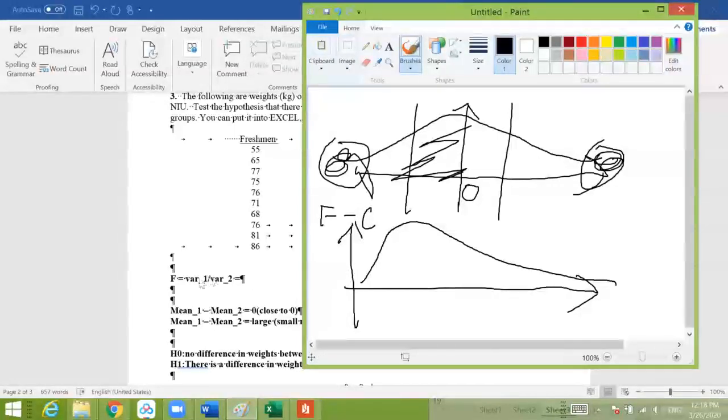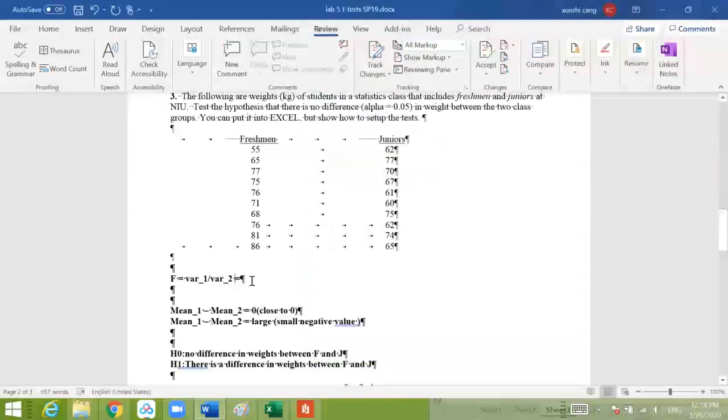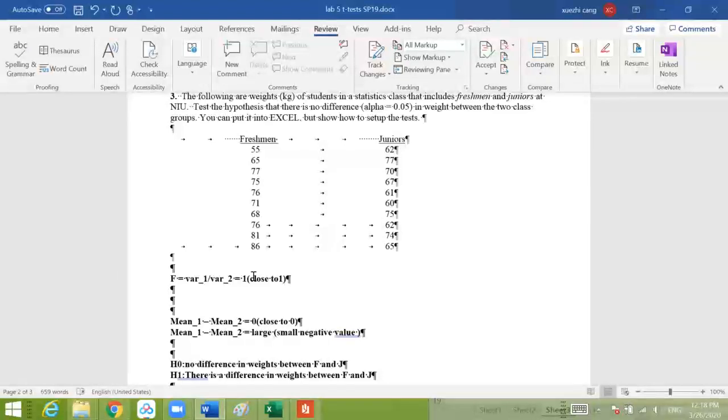If variance 1 and variance 2 are very similar, or variance 1 equals variance 2, then the F-score should equal 1 or be close to 1, right? Because these two numbers are the same.